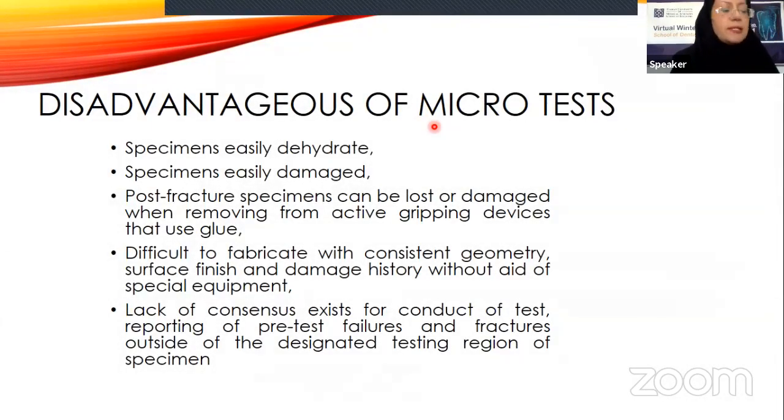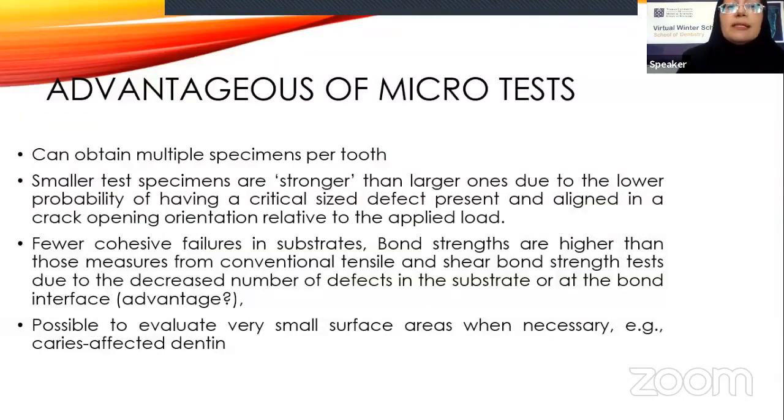But micro specimens have some disadvantages, including that they can easily dehydrate, they can easily be damaged, and also many pre-fracture failures may happen in micro specimens. But usually now more scientists prefer the micro test. I think maybe the most important features for choosing the micro test are obtaining multiple specimens per tooth, and also fewer cohesive failures.